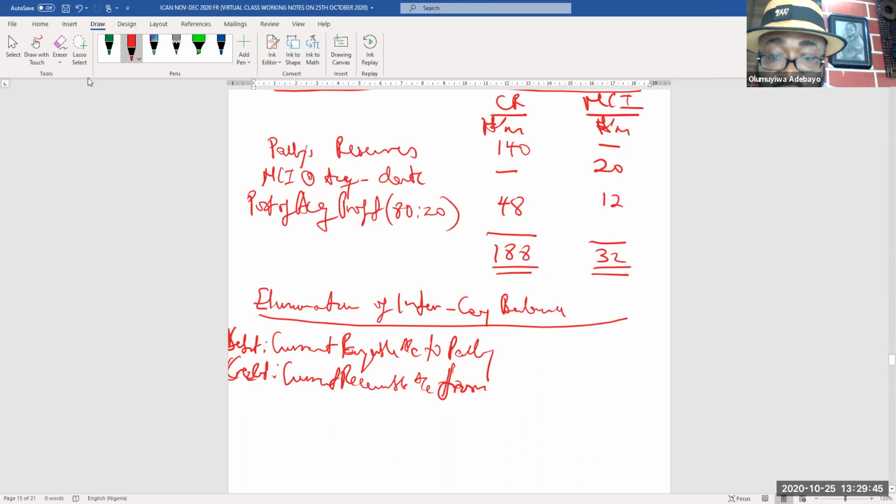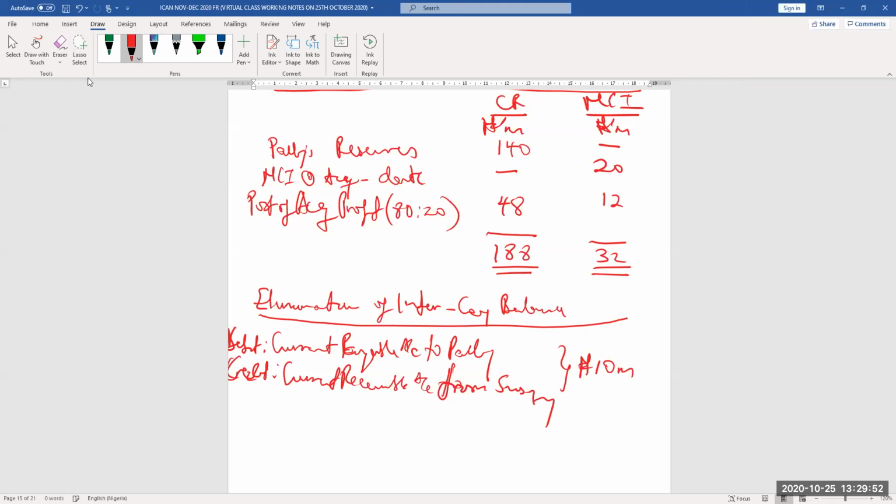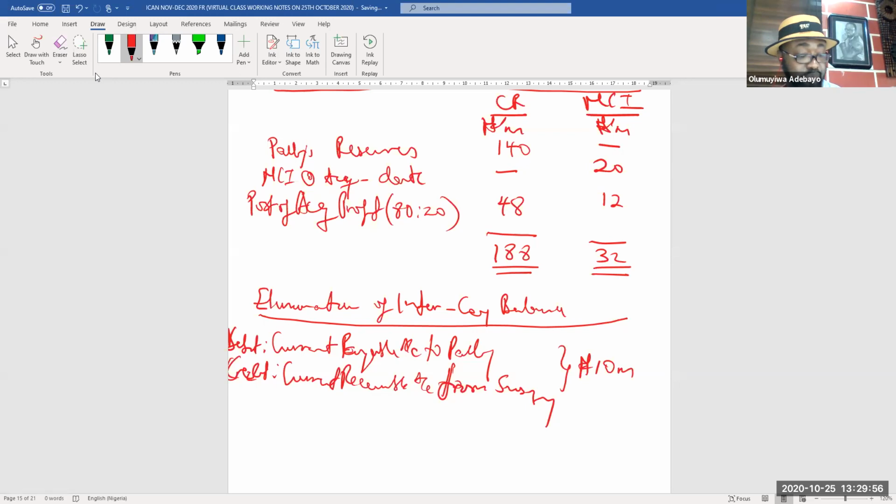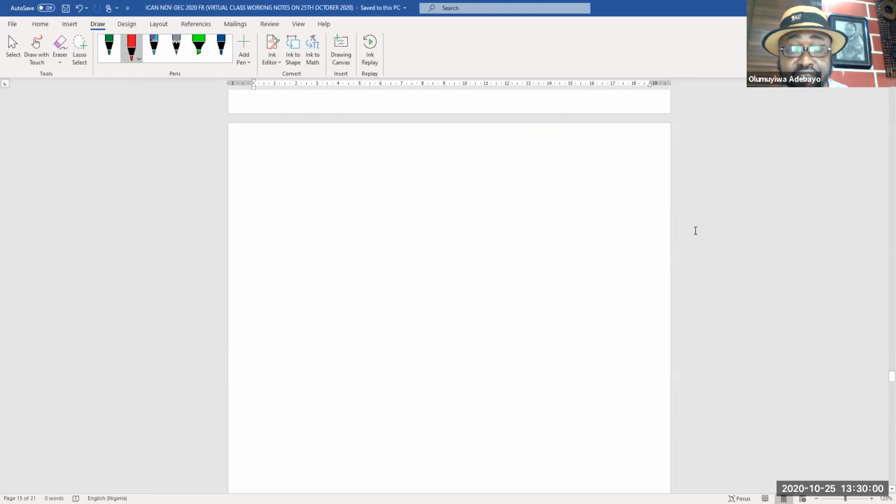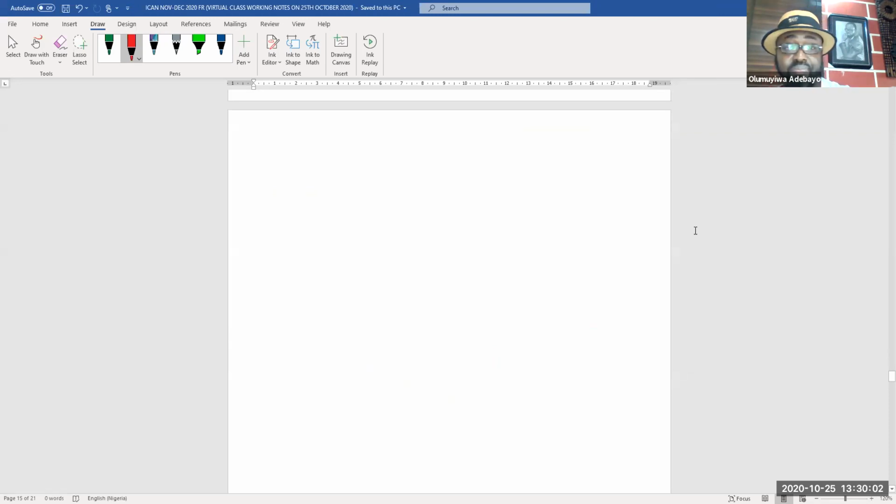That is the methodology for cancellation. With how much? With the common factor, 10 million. Now we are going to see how this is reflected in our balance sheet.